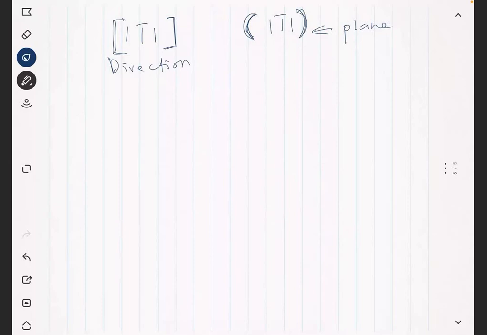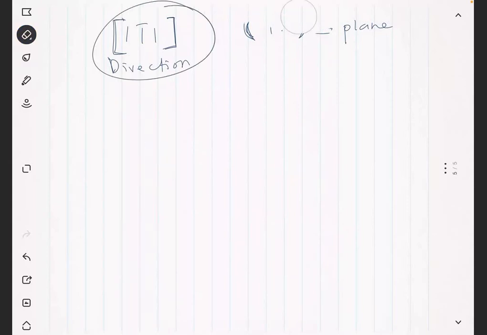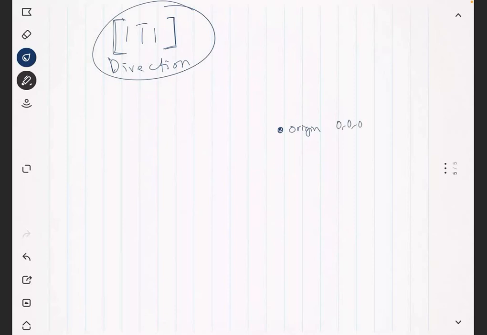Okay, so now we talk about the direction. Forget about this one. Right. So directions, we have this. What we have to do, we start with the origin, which is 0, 0, 0 coordinate. So look at the x axis, y axis, and z axis.